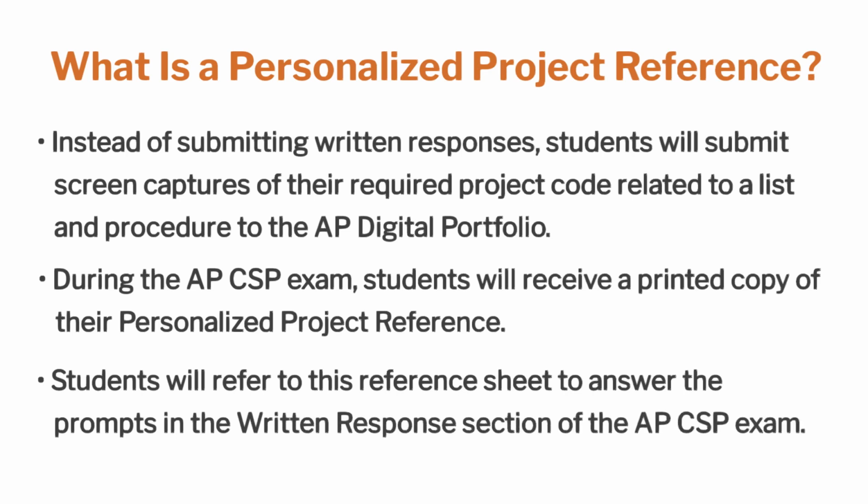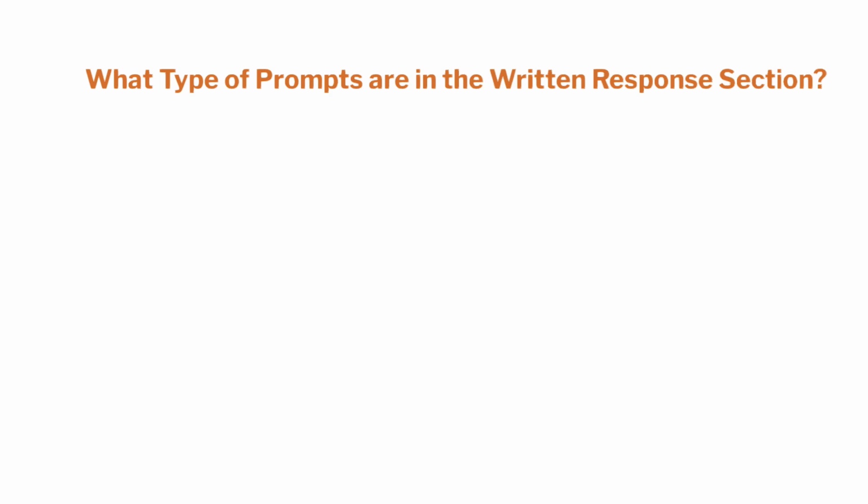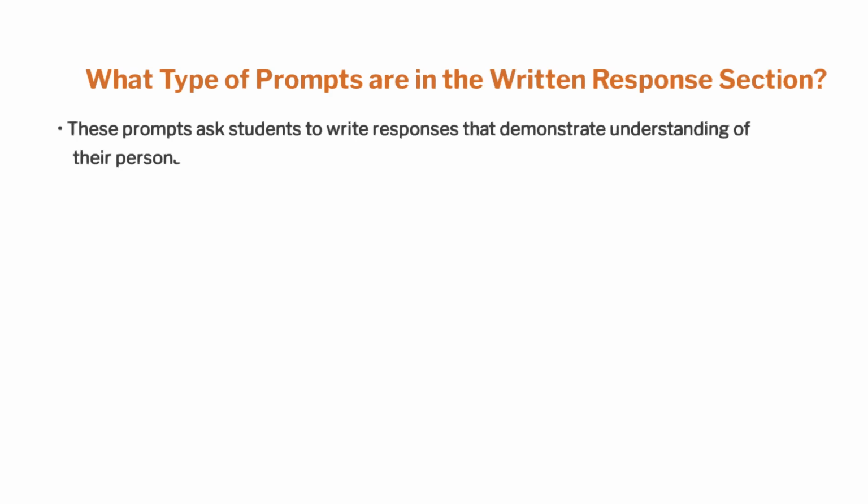What type of prompts are in the written response section? The written response section will consist of 4 prompts. These prompts ask students to write responses that demonstrate understanding of their personal Create Performance task.